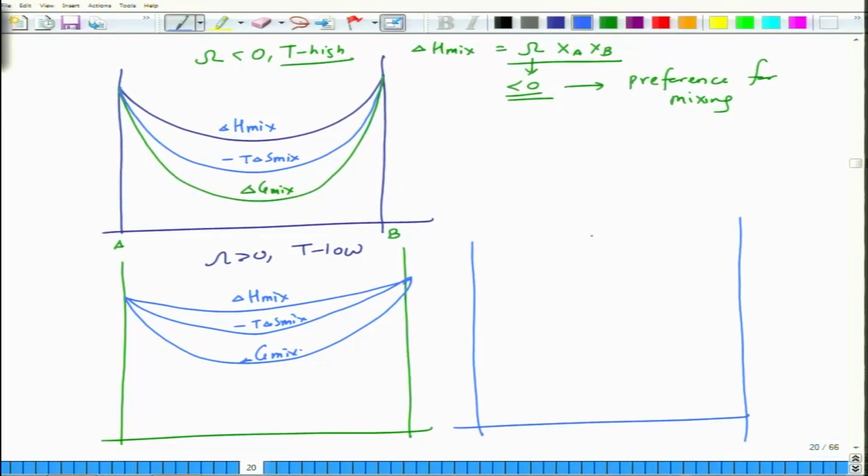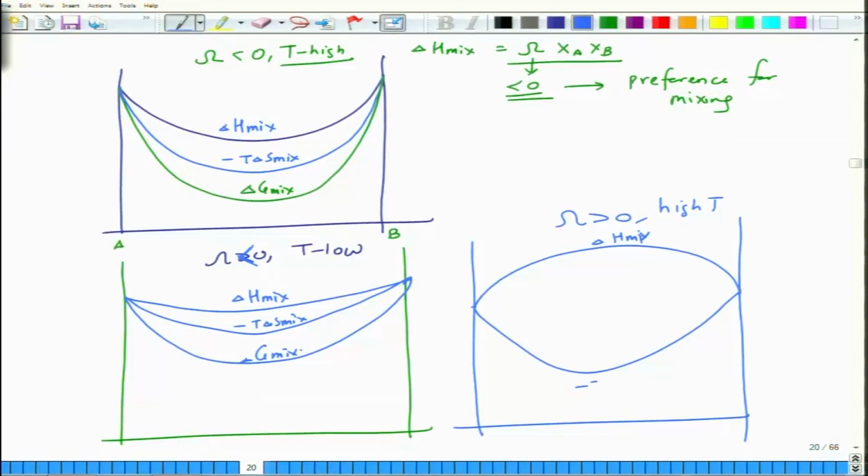You can have a scenario when omega is greater than 0 and you have high temperature. So, this is less than 0, low temperature. And now you have delta H mix being positive, which means delta H mix goes like this. The T delta S mix still goes like this. So, this is delta H mix, this is minus T delta S mix, and delta G is something like this. Okay. So, you still have some preference for making a solid solution.